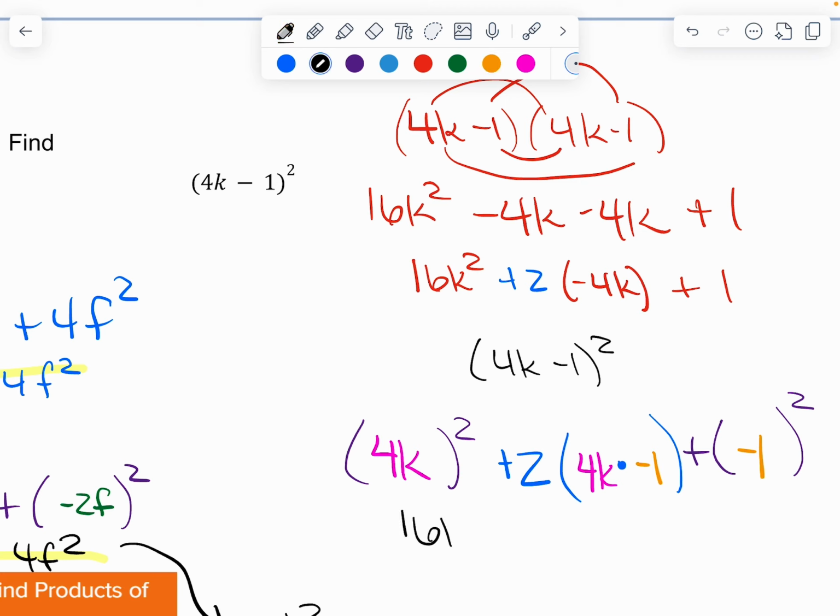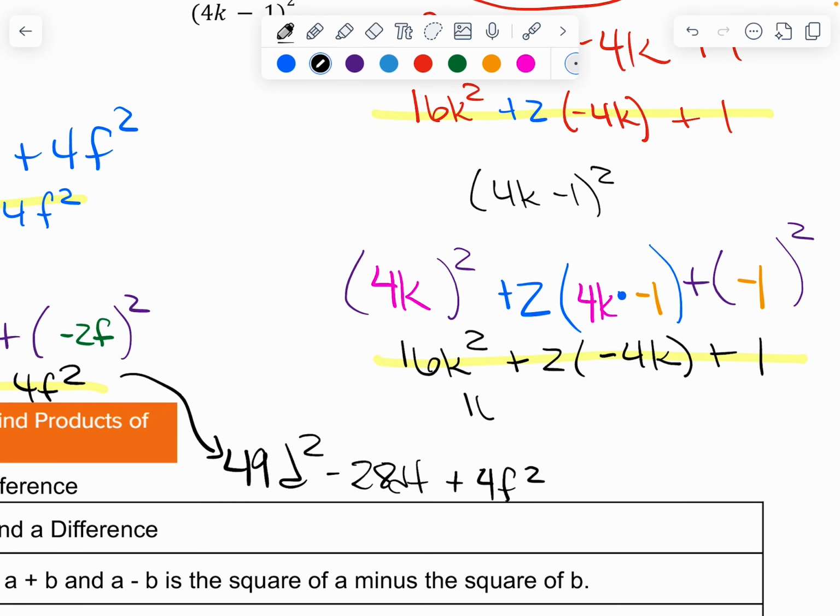So that's 16k squared plus 2 times the quantity negative 4k plus 1. And let's look at it. This right here, does it look just like that? It does. So that means our answer is 16k squared minus 8k plus 1.